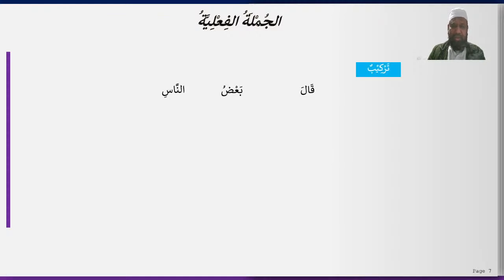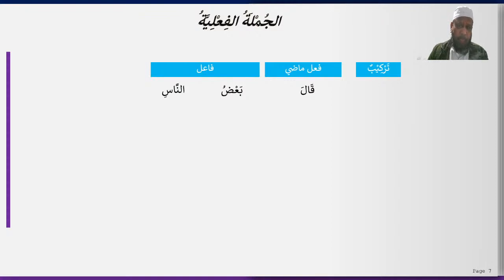Let's analyze the words in the sentence. قال is a fi'l madi, and بعض الناس is the fa'il. In this fa'il slot, we see two words. It is a phrase. What type of phrase is it? Yes, mudaf and mudaf ilayh. So بعض is mudaf and الناس is mudafun ilayhi.